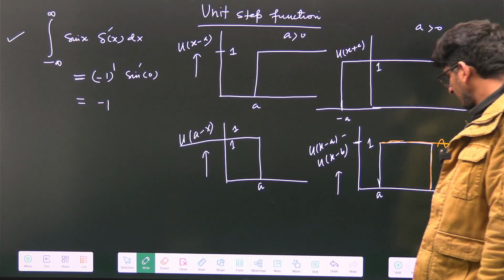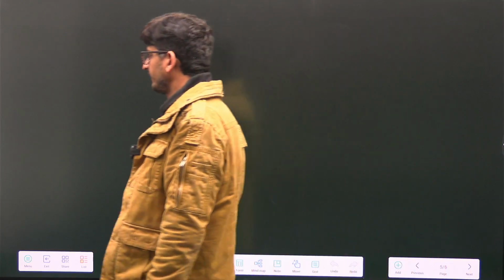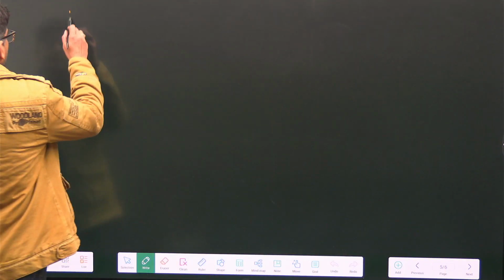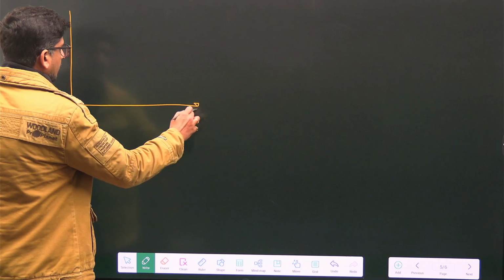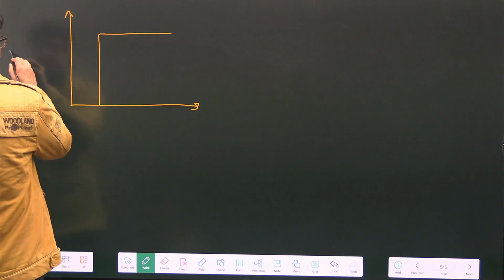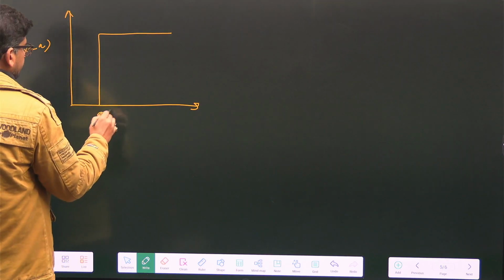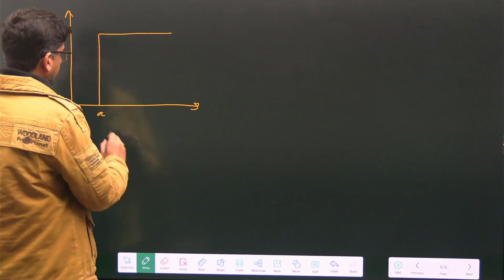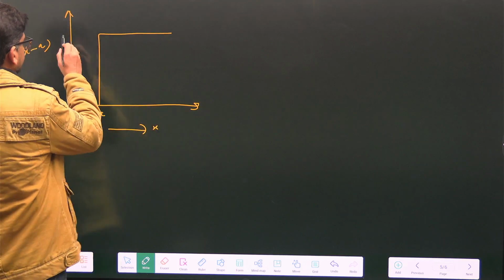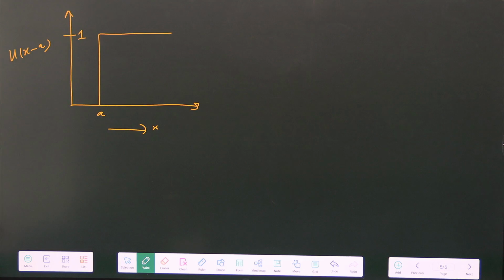Now, if you see clearly, the function is like this: u of x minus a. Now you check the slope of this function. What is the slope of this function?